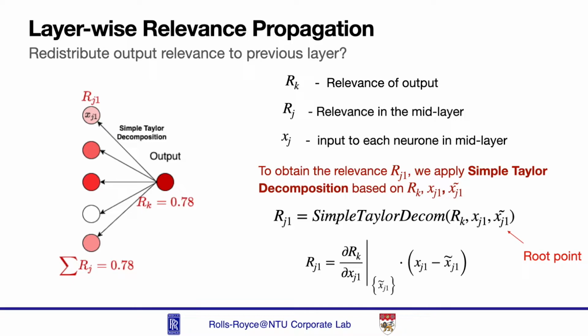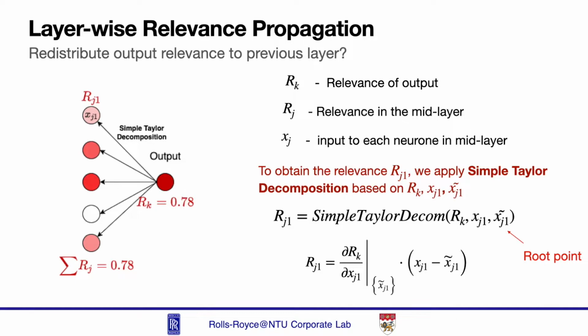Now the problem is we want to know how to compute this redistribution. If you look at the graph on the left, here we have Rk equals 0.78. Again, this is the output relevance we get from the prediction result. At the bottom, we have a sum of Rj. This represents the total relevance in the mid layer. And Xj, you see from the top neuron, represents the image input or the data input in the mid layer.